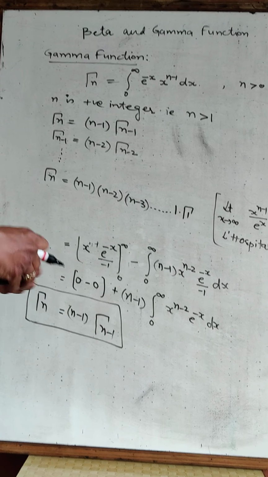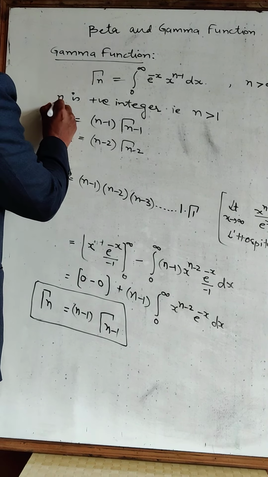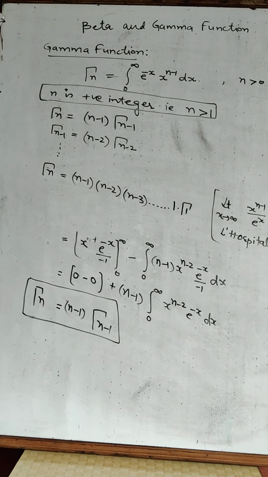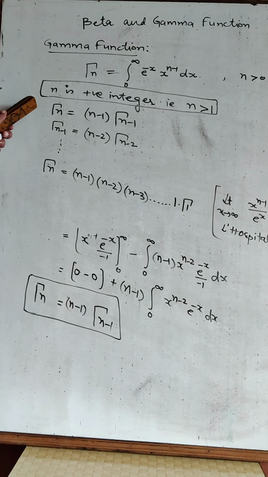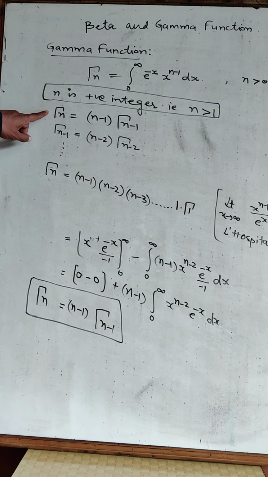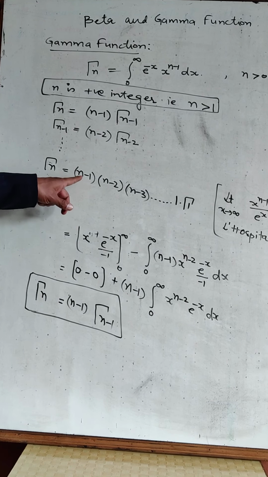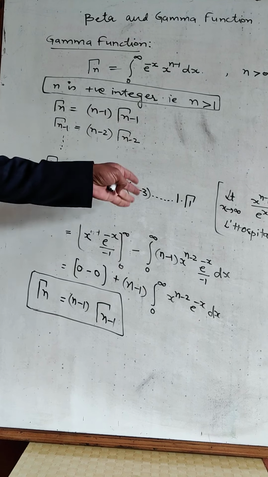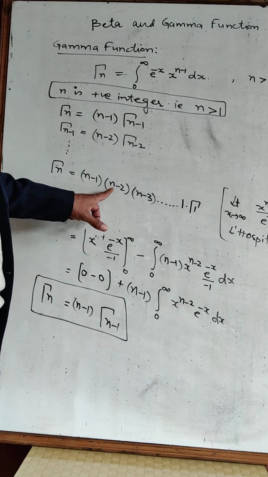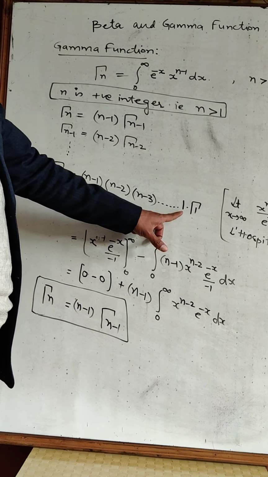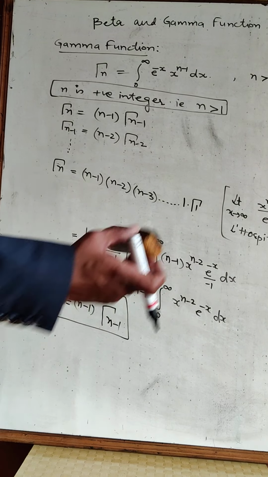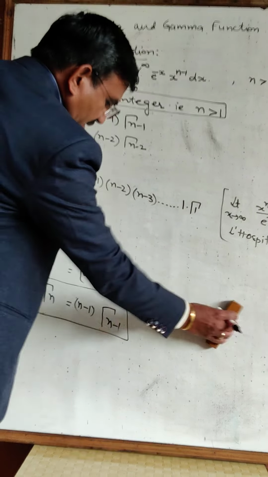Again look, in the particular case that n is a positive integer, that is n greater than 1 and an integer, using the same recurrence relation gamma n can be reduced in such a way that after repeatedly applying it, we will start with n minus 1, then n minus 2, n minus 3, and at last we will reach the point 1 into gamma of 1. Then we will find the value of gamma 1.